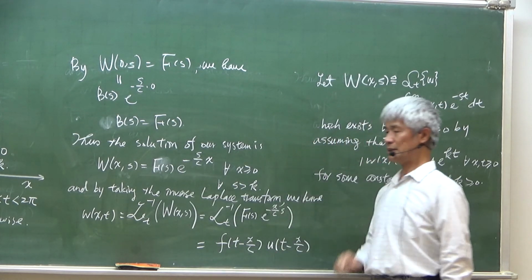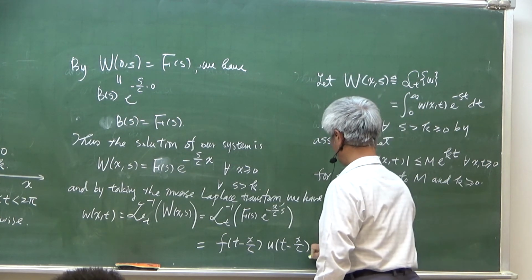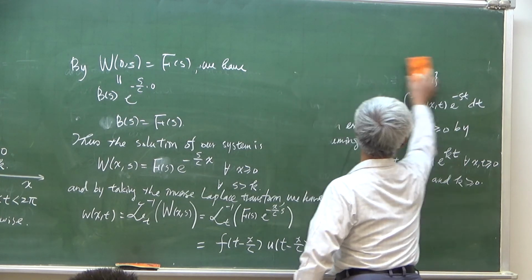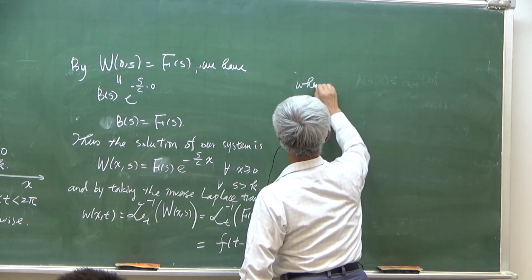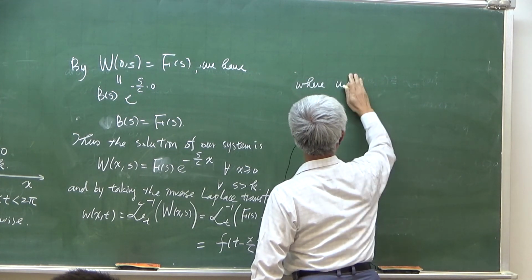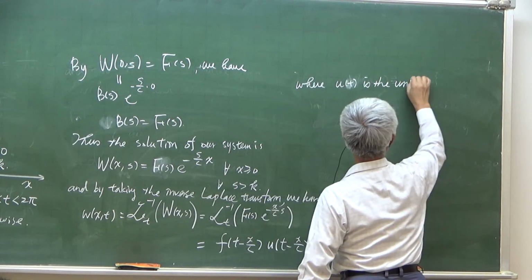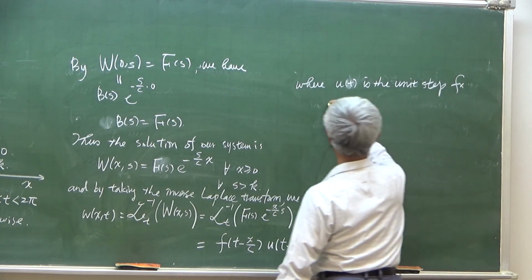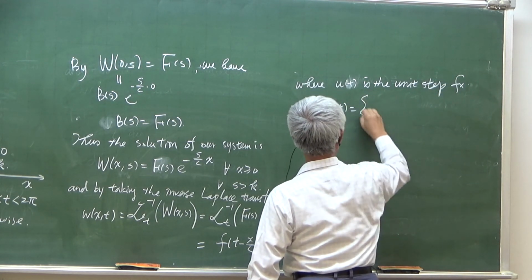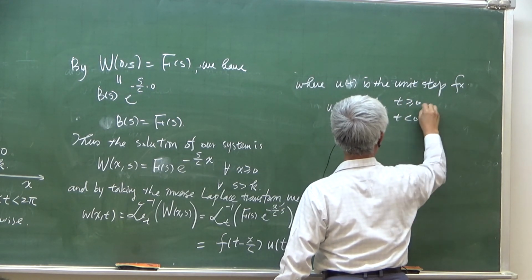Where u(t) is the unit step function, meaning that u(t) is equal to 1 for t greater than 0, but 0 for t less than 0.